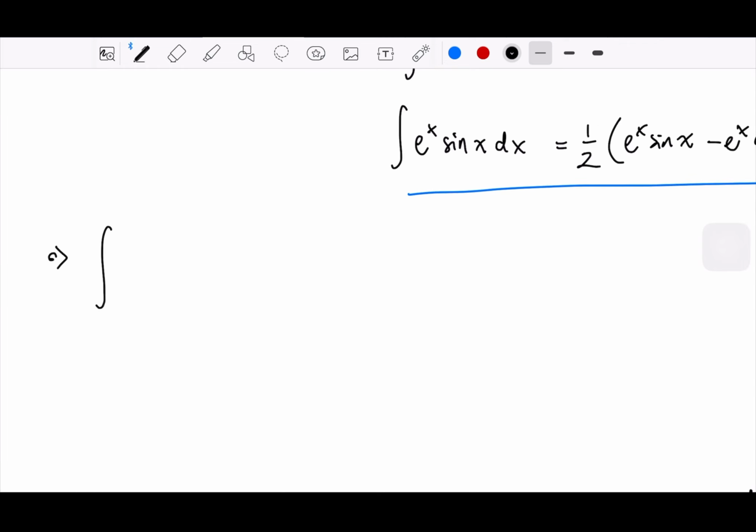Let's try the integral of tangent inverse x. Let me give you a couple of minutes to try.